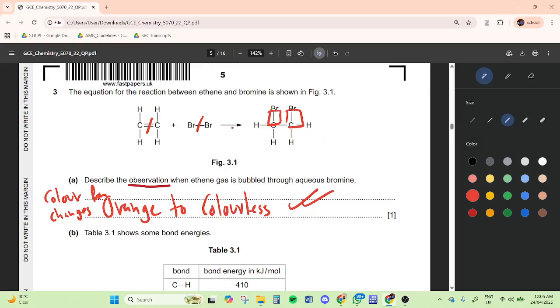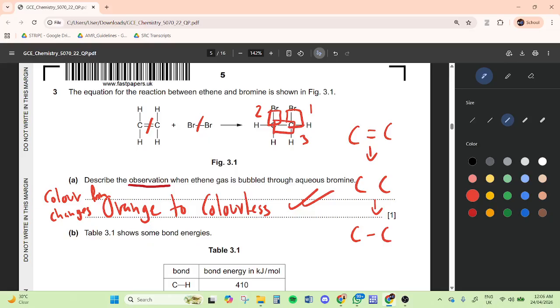So there's 3 new bonds actually. So this is 1, this is 2, and this is 3. Because remember, you're breaking the double bond and you're forming a single bond instead. So it goes from something like this to just these two together, and then you get the single bond. So it's a 3-step reaction. You can think of it that way.